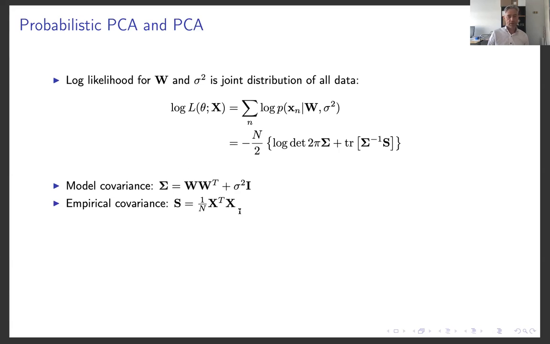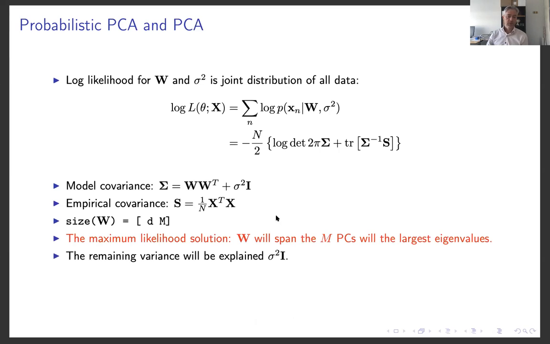And in order to make this model fit the data the best, this model covariance should capture as much of the variation in the data as possible. And this is also what is shown. So if we have M components, so the size of W is D, the data dimensionality, times M, then W will span the first M principal components that we know from PCA.